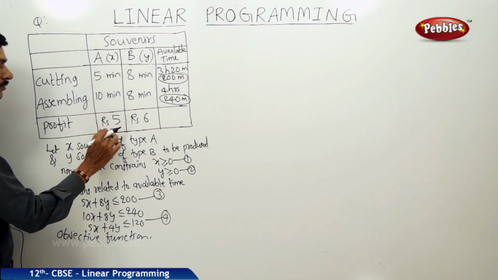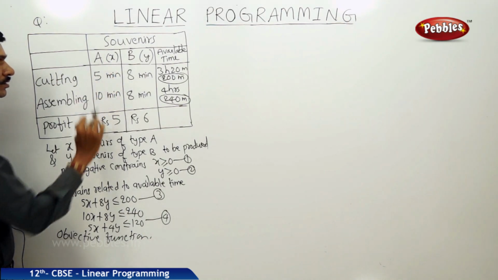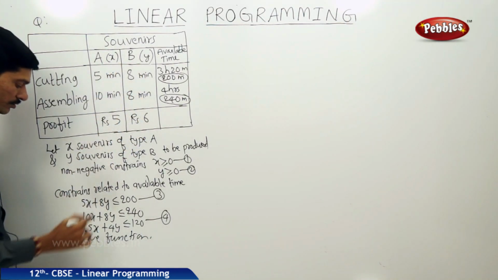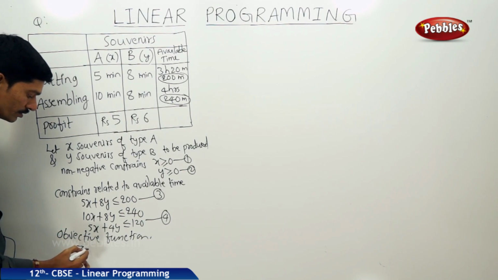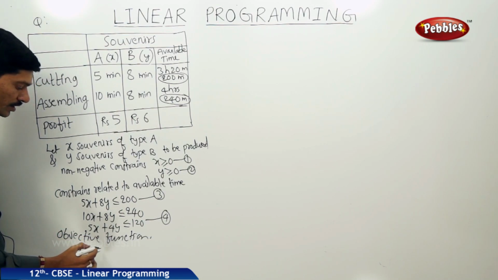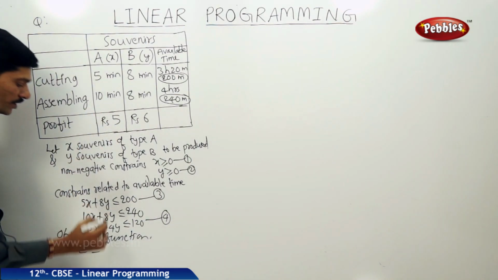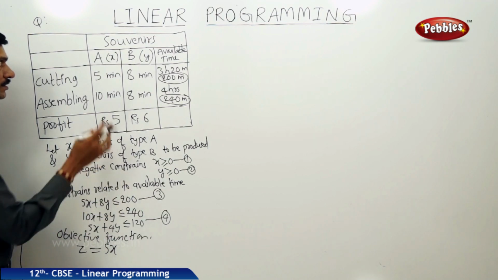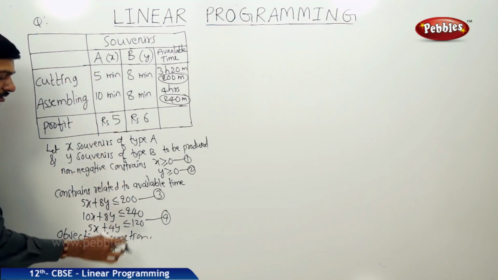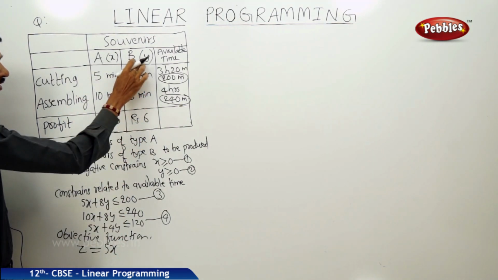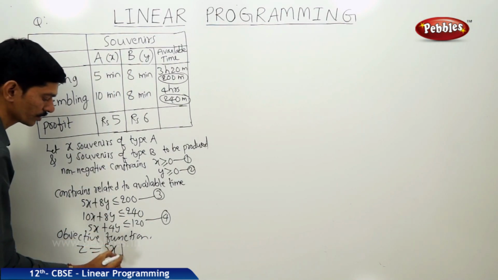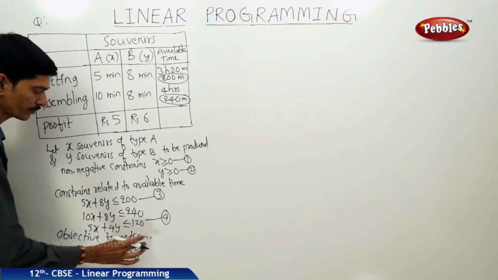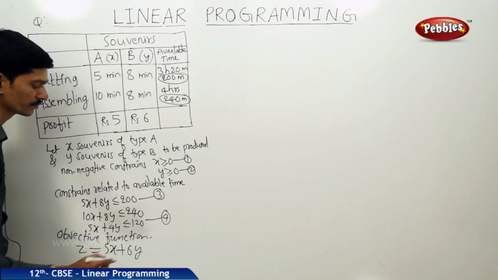So 5 rupees profit on each souvenir A and 6 rupees profit on each souvenir B. So the total profit or the objective function z equals 5x plus 6y: 5x rupees profit on x souvenirs A and 6y rupees profit on y souvenirs B. So then the total profit is 5x plus 6y. So this is the objective function to be maximized.